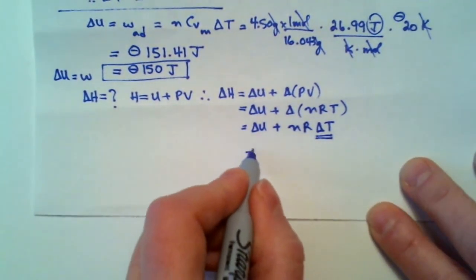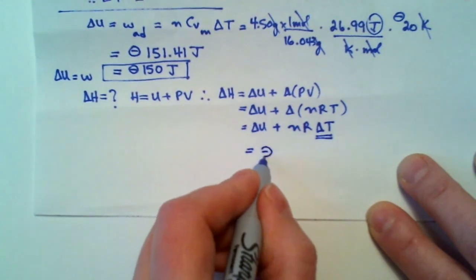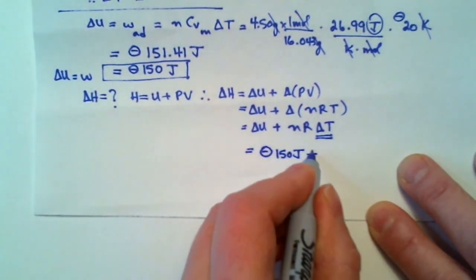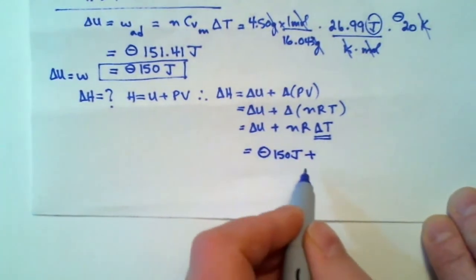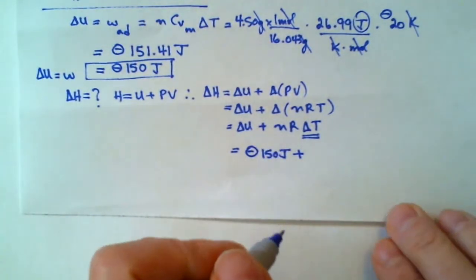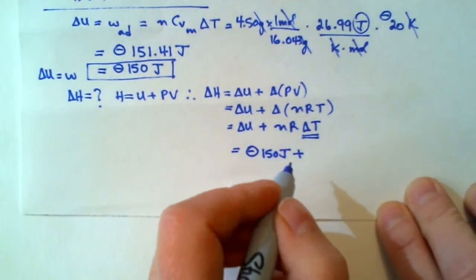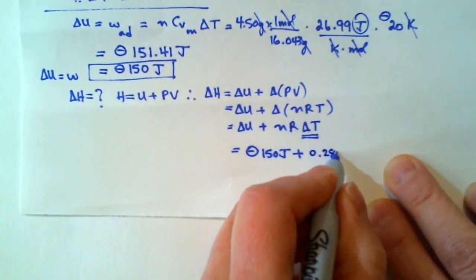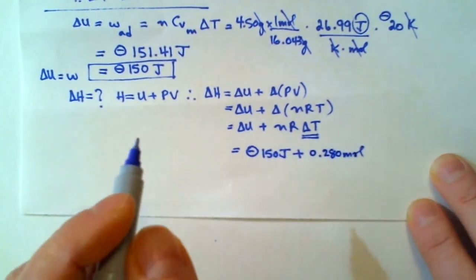So delta H is equal to delta U we just found. It was the same as the work, and that's 150 joules. Plus, here we go with that N again. I'm just going to calculate it. 4.5 divided by 16.043. With 3 sig figs is 0.280 moles.